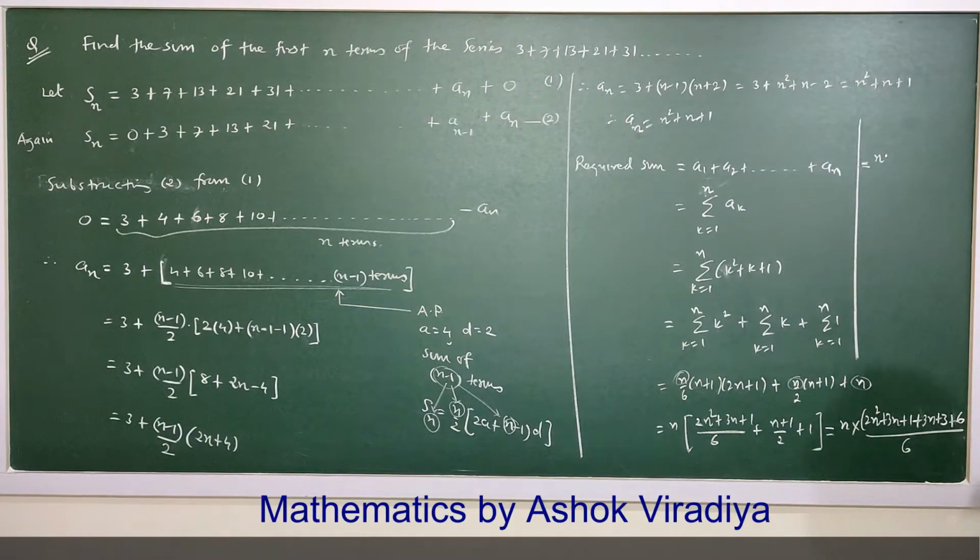So it is equal to n by 6 into 2n square, 3n plus 3n is 6n, 6 plus 3 is 9, 9 plus 1 is 10.